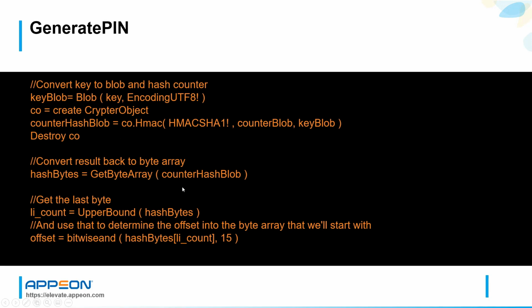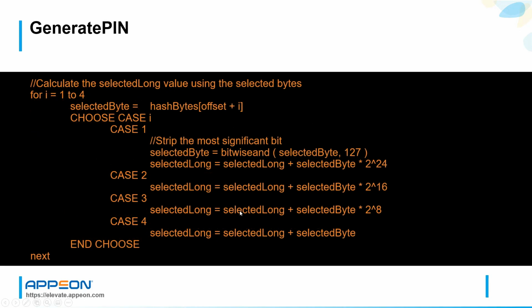I convert that back into a byte array. Now that I've got that byte array, I take the last byte from that and do a bitwise AND on it with 15, which is F. And that gives me my pointer, if you remember my walking through how this works.